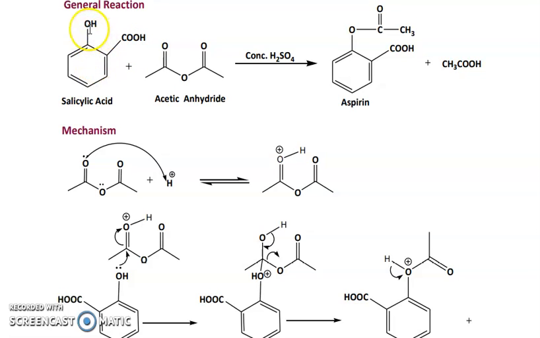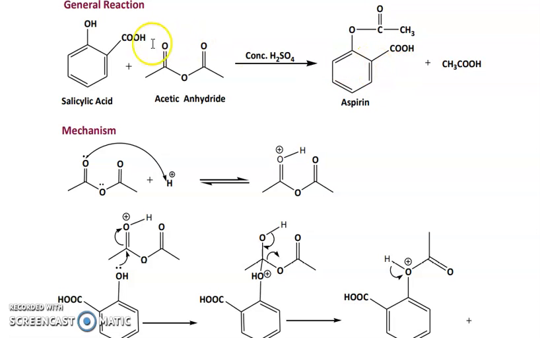You have to understand this concept. Where does the acylation occur? In acetic anhydride and in acidic medium, in the presence of conc. sulfuric acid, this compound aspirin is formed.